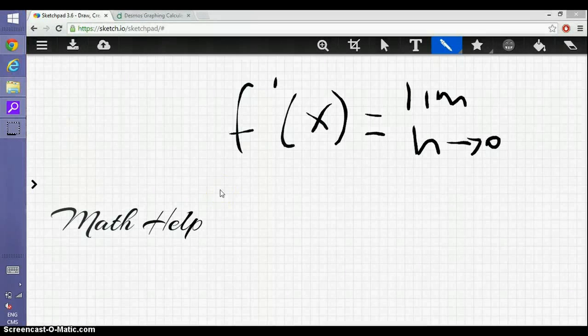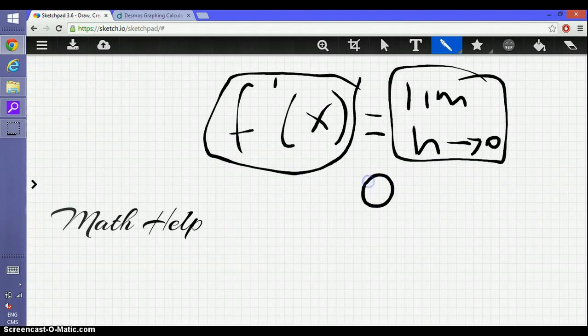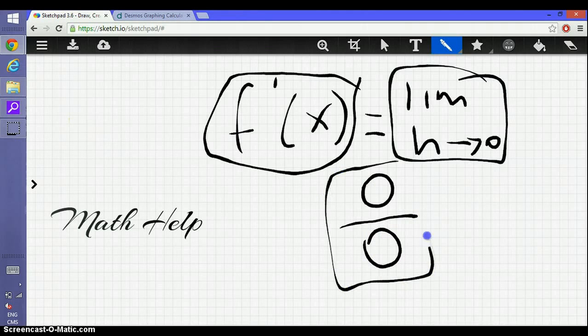What this basically means is that the limit on the f prime of x is when the derivative is equal to 0 over 0. That basically means that when h gets smaller and smaller, the value of the derivative will continue to get smaller as it advances.